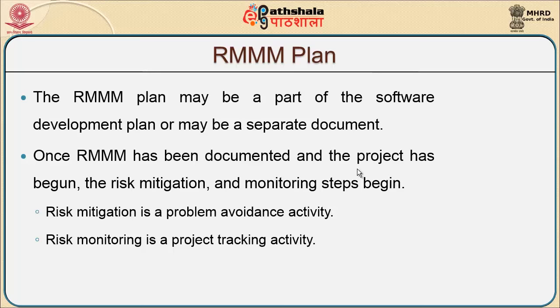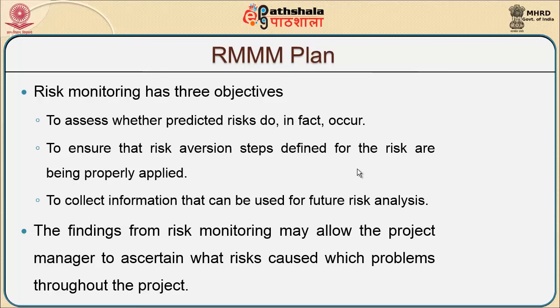Because of monitoring, we track every activity of the project. This monitoring has three different objectives. One is to assess whether predicted risks do in fact occur. Another is to ensure that the risk aversion steps defined for the risk are being properly applied. The third is to collect all the information that can be used for future risk analysis.